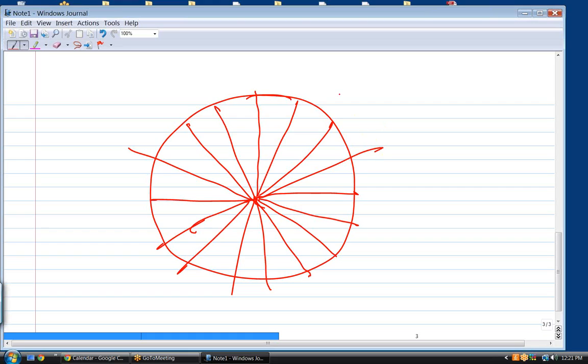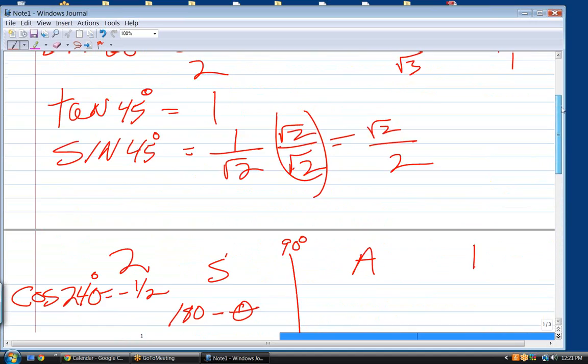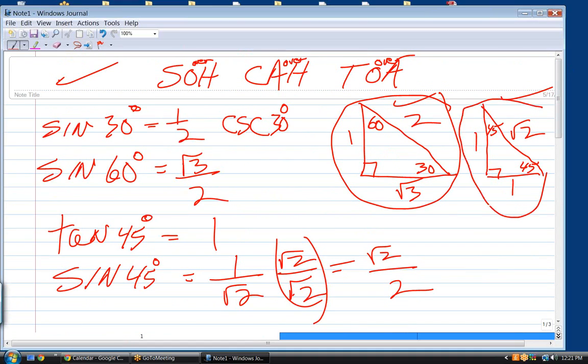So rather than memorizing this entire circle, all 16 points on it, for sine, if you include all 6 trig functions, there's actually 96 things to memorize. Well, that's silly to try to memorize it as 96 different things. But notice there's only 3 things to memorize in that triangle. There's only 3 things to memorize in that triangle.